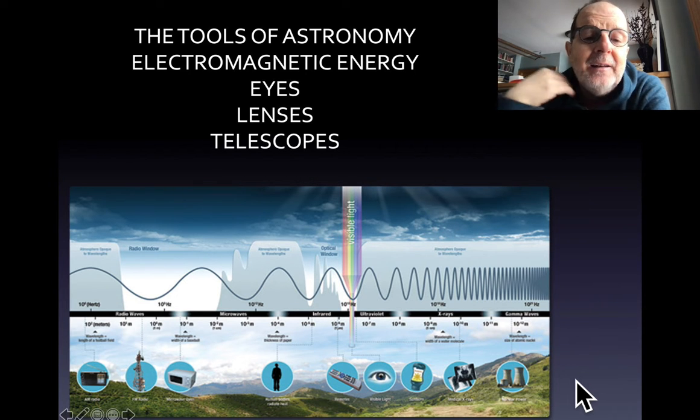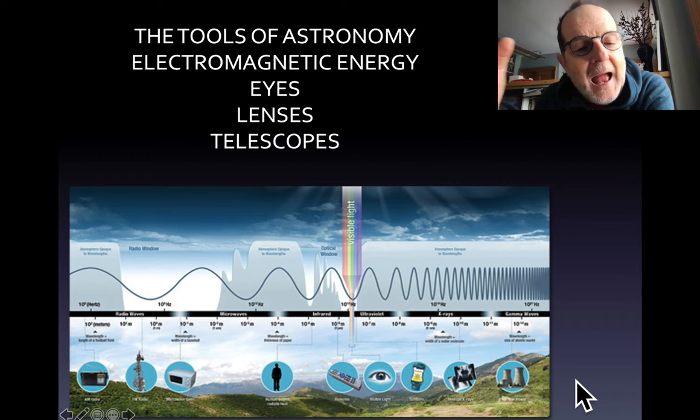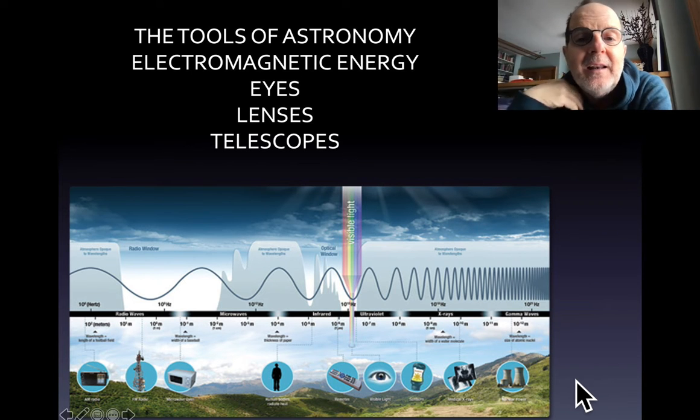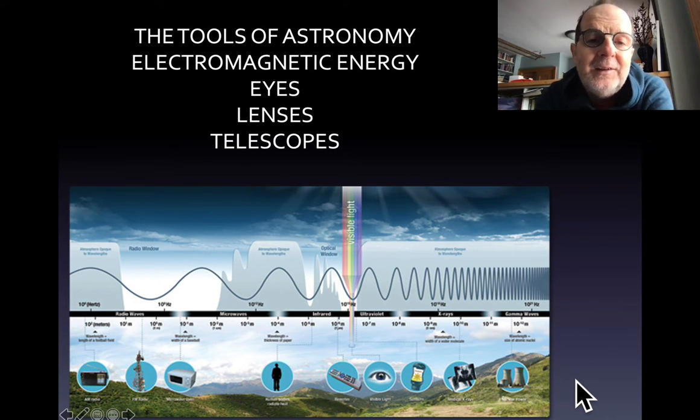And that reality was defined mathematically by Einstein in his famous equation E equals mc squared, that there is an equality between energy and mass of a material that relates to the speed of light, that which electromagnetic energy travels at.